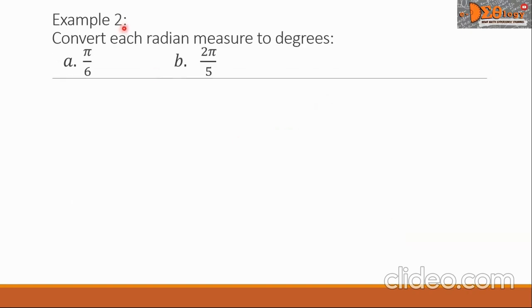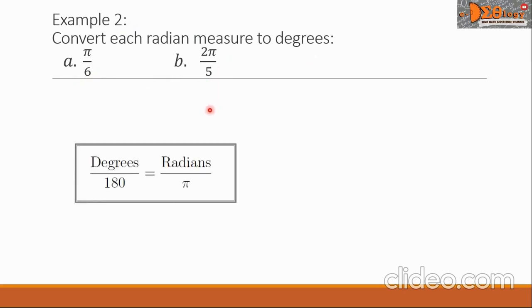Let us have example 2. Convert each radian measure to degrees. Letter A, pi over 6. Letter B, 2 pi over 5. Let us write again our working formula, and then let's begin with letter A, the pi over 6.